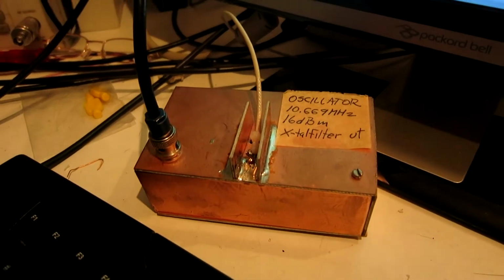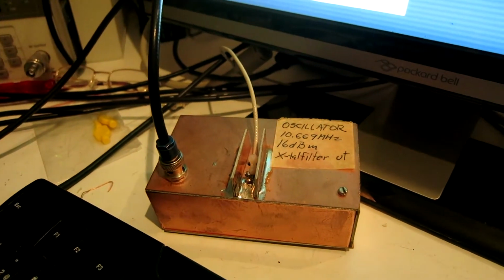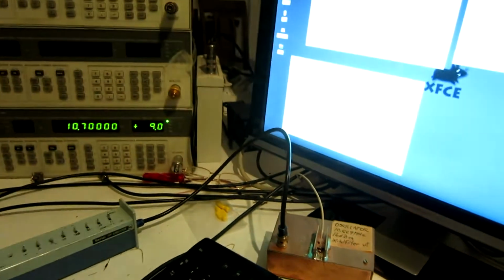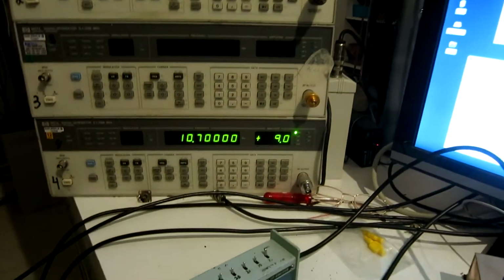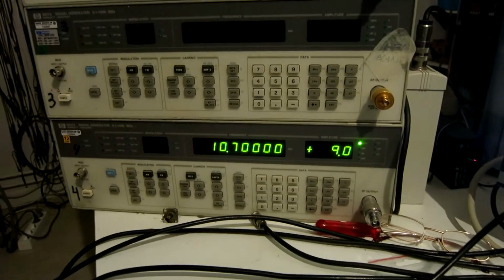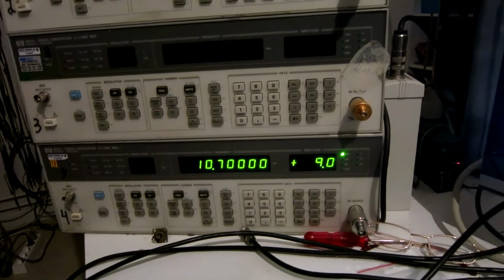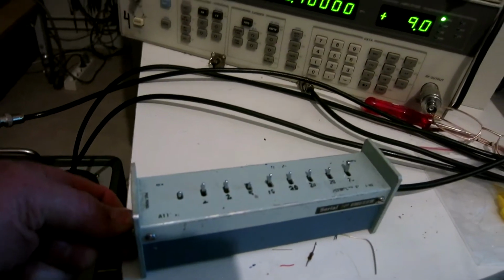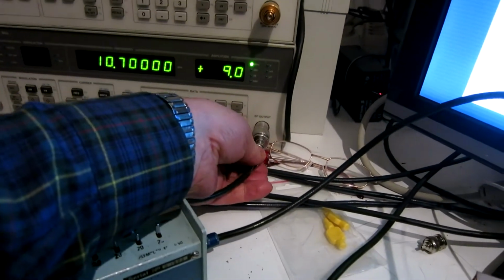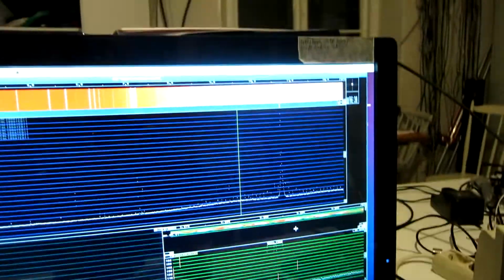It's this thing, a homemade crystal oscillator. I will now connect instead a conventional signal generator. So I connect away this thing and put it in here. And then you can see what happens on the screen.